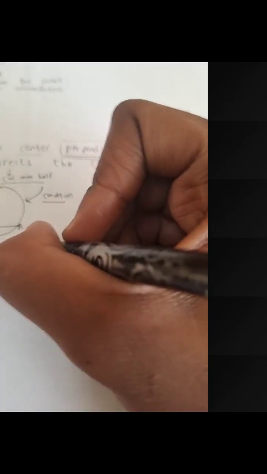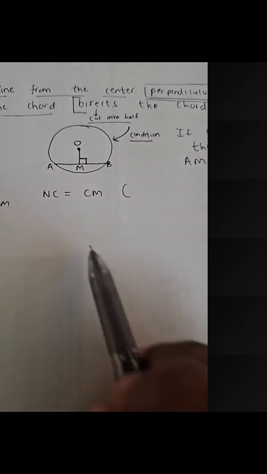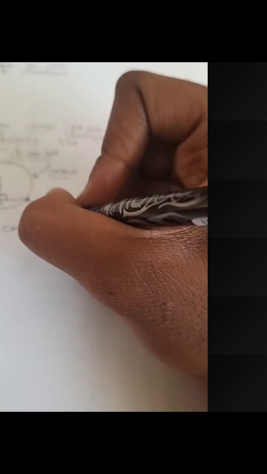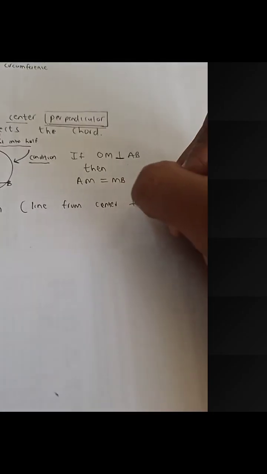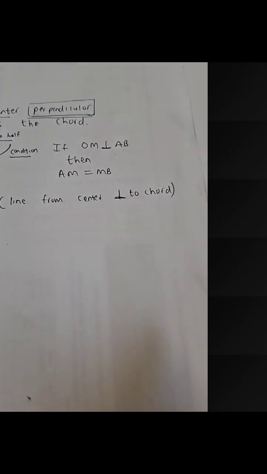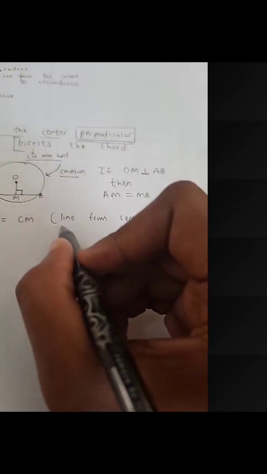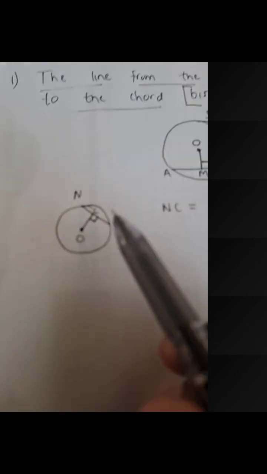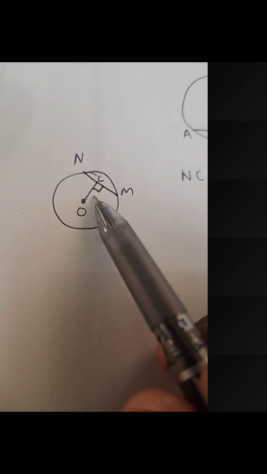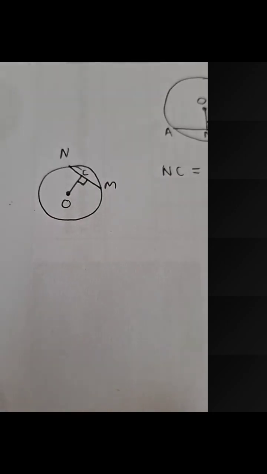Now, it's very important that for this theorem, the reason that we use is the following: line from center perpendicular, and we write the symbol perpendicular, to chord. Our reason is in the diagram. Our conclusion or statement is not seen in the diagram.